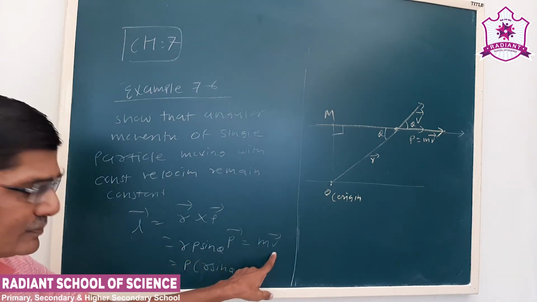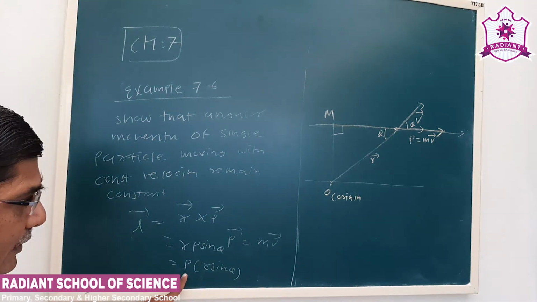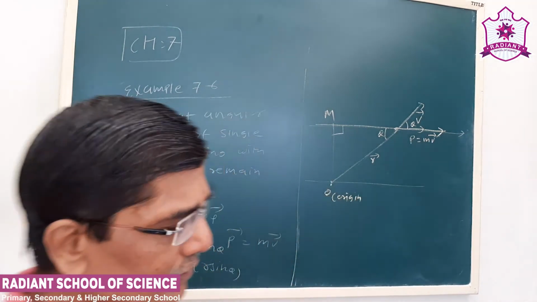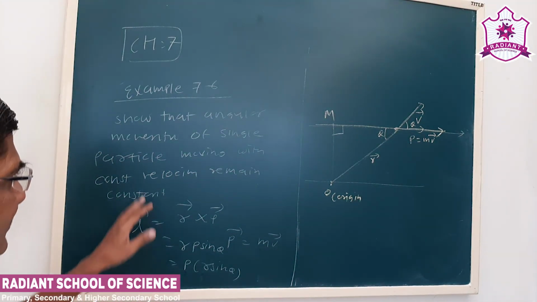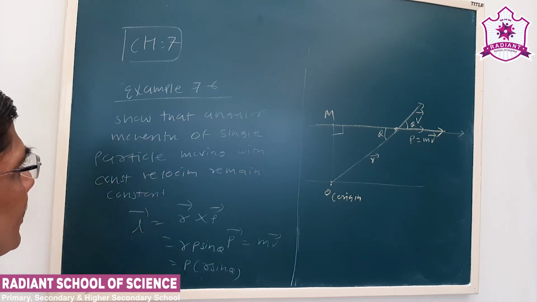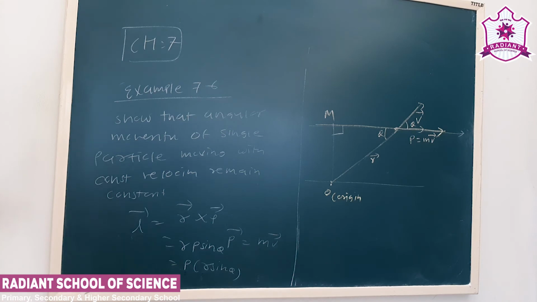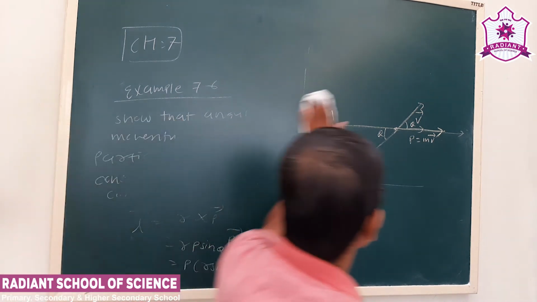Mass will remain the same and the particle moves with a constant velocity, so p is already constant. R sin theta throughout the motion will remain constant. That's why the angular momentum of the particle moving with a constant velocity will remain constant. So this is nothing but example number 7.6. Now next we have to see example number 7.50.